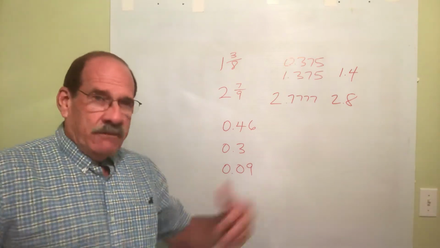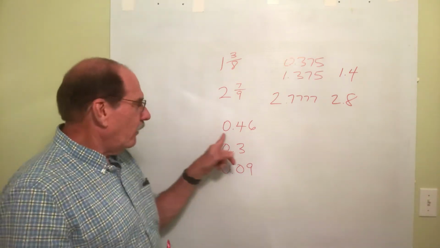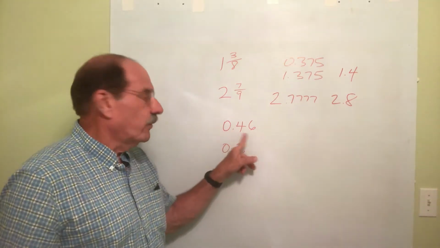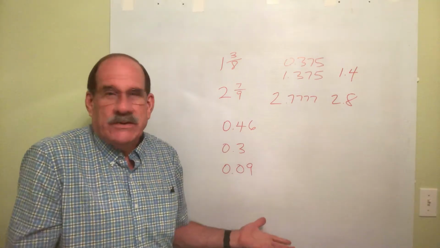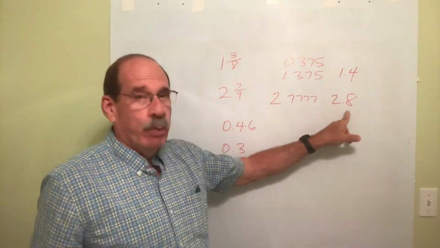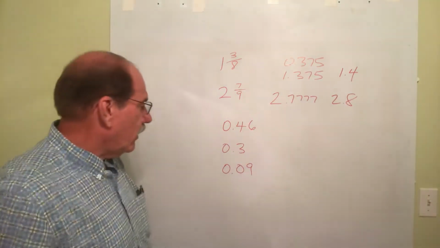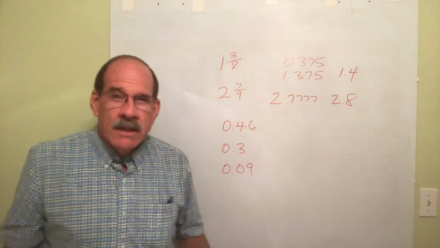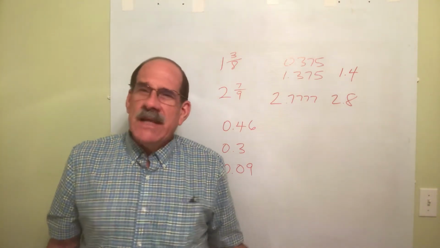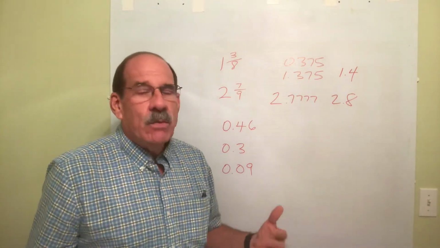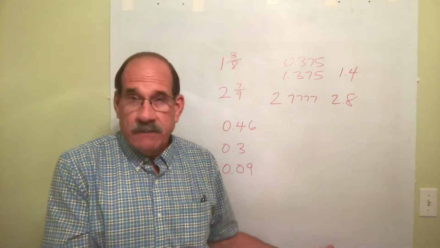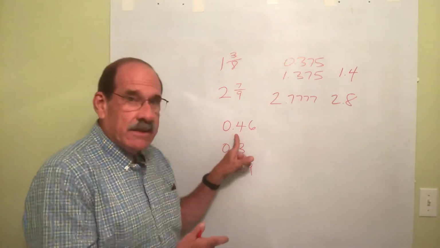Well, now let's go one step further. I would say this number is 0.46. That's what everybody says. I would call that 2.8. I would say 1.4. I would call that 0.3. But there's another way you can say these numbers that really will help us in the next thing we're going to do.